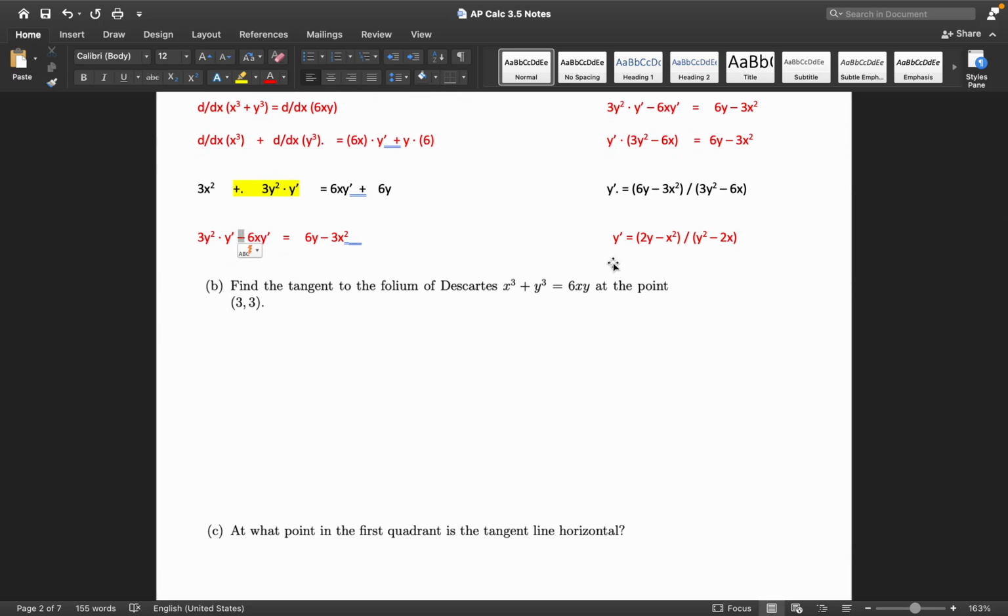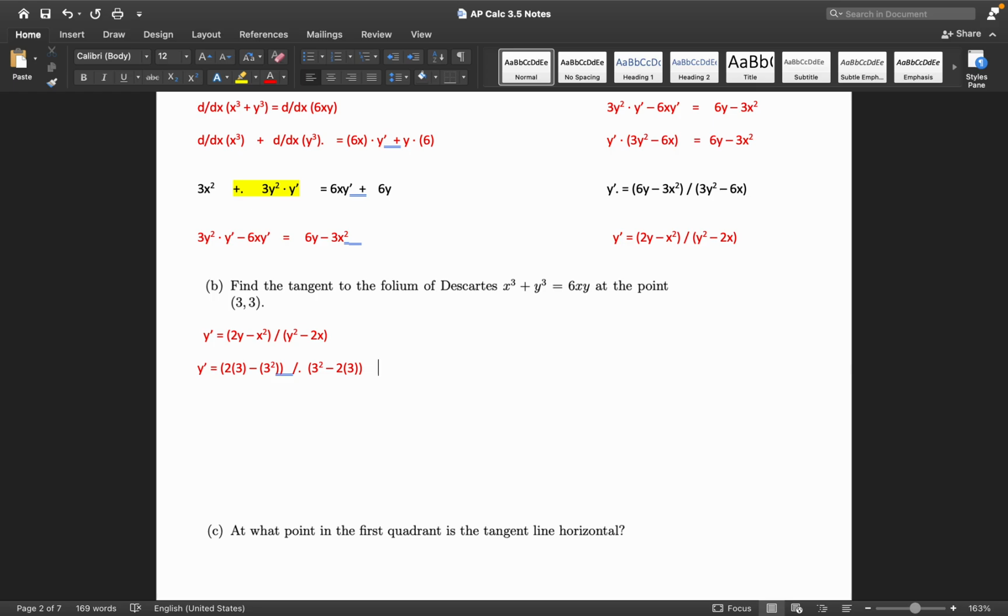Same process as our first problem. If I want to find the tangent at (3, 3), plug in a 3. So y prime equals 2 times 3 minus 3 squared over 3 squared minus 2 times 3.